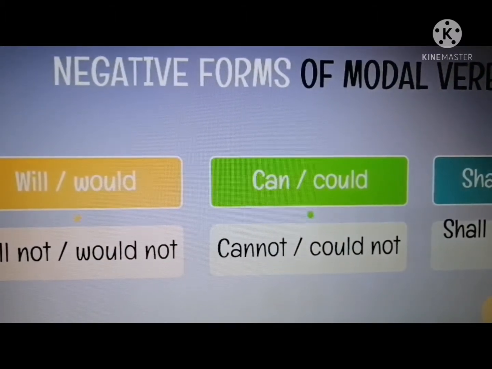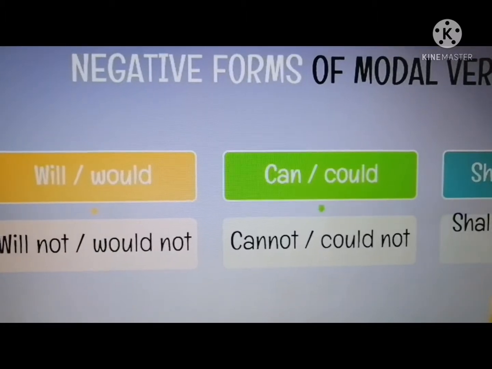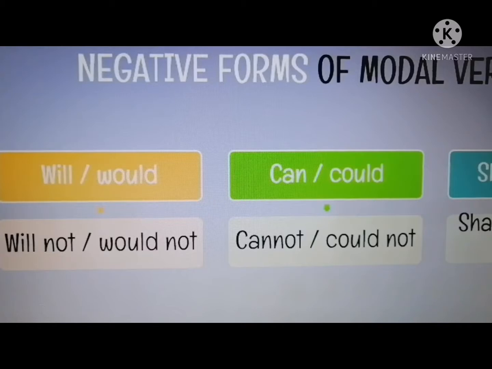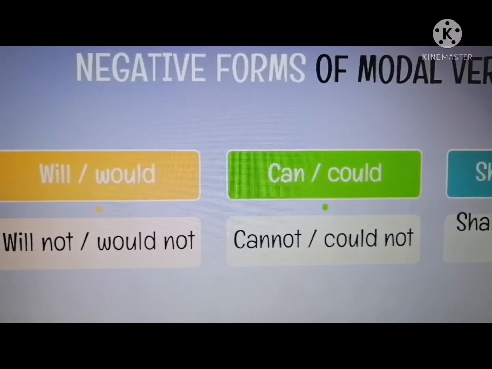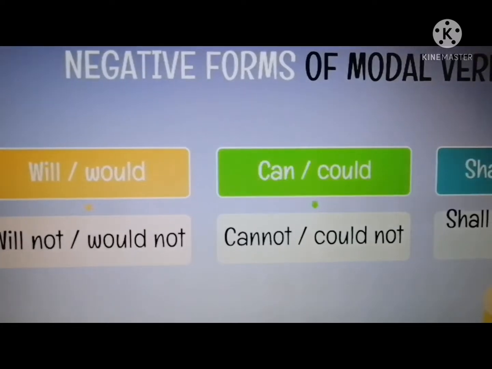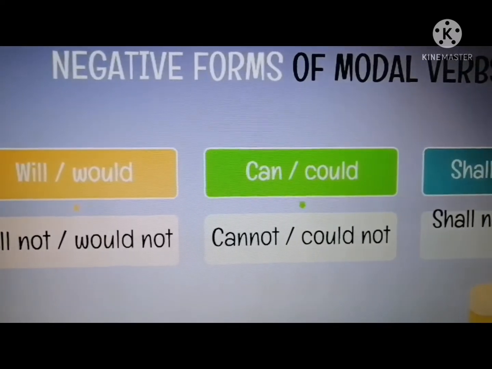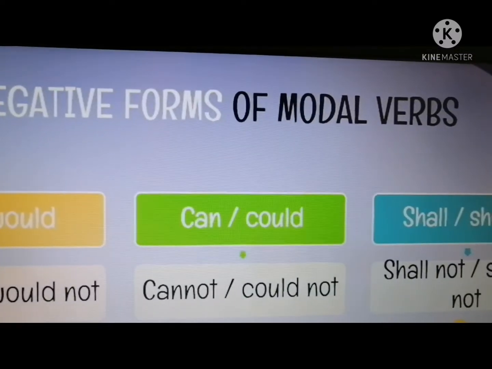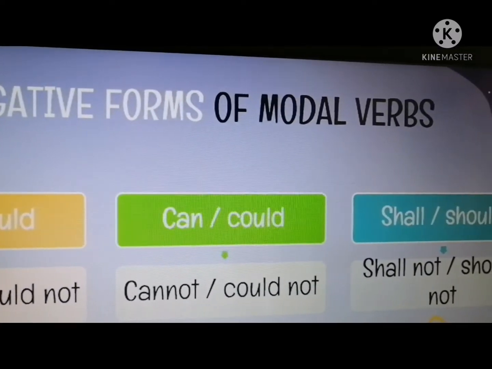Will and would. The negative is I will not, would not. Can and could. The negative forms are cannot, could not. It's also the same for shall: I shall not or should not. Okay?